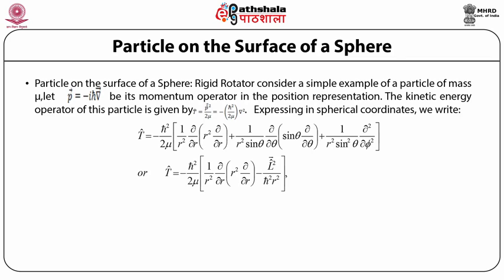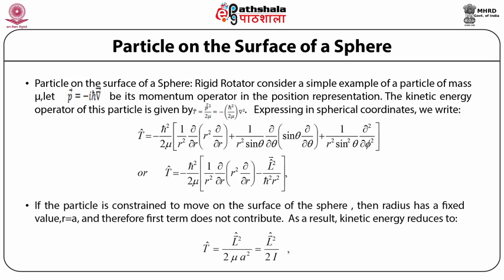And this can then be written as the kinetic energy operator equal to minus h cross squared by 2 mu, bracket open, 1 upon r squared del by del r acting on r squared del by del r, minus operator L squared upon h cross squared r squared, bracket close, where we see that the operator L squared is given by the second and the third term of the above equation.